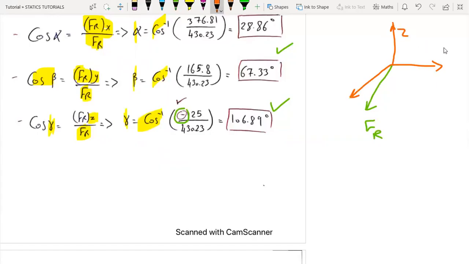And here the angle will be alpha, which is 28, because as we have said, it's measured from the positive x-axis. What about beta? It is 67.33. And the angle with the positive z-axis is 106.8.